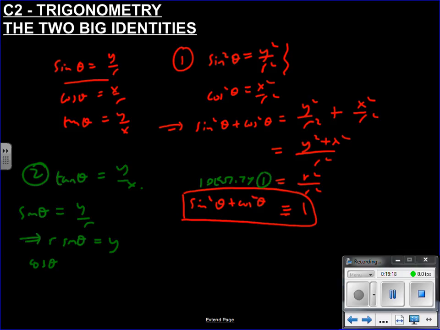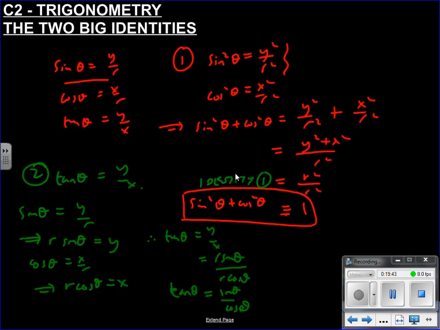We know that cos theta is x over r. So if we times by r, r cos theta must equal x. So since tan theta is y over x, but y is r sine theta, and x is r cos theta, therefore tan is sine over cos.